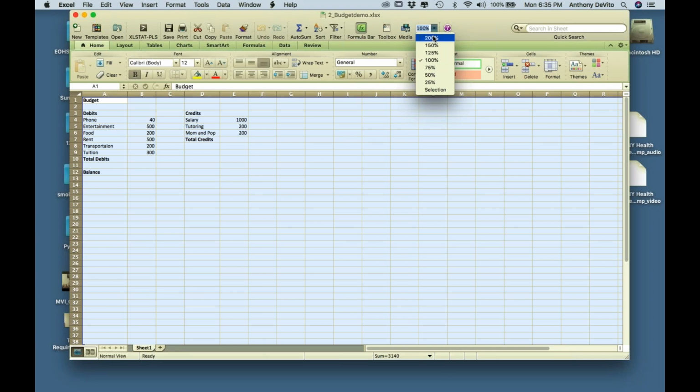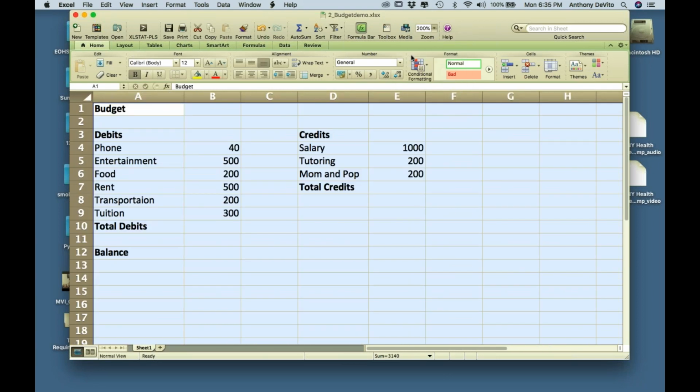Okay, let's look at a practical application to this. And this is one of the strengths of this program when you're using it for financial operations, for engineering and so on and so forth. Maybe not so much statistics, but certainly for a lot of other applications. Here's somebody's monthly budget.